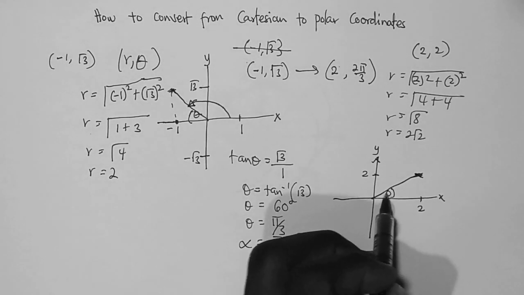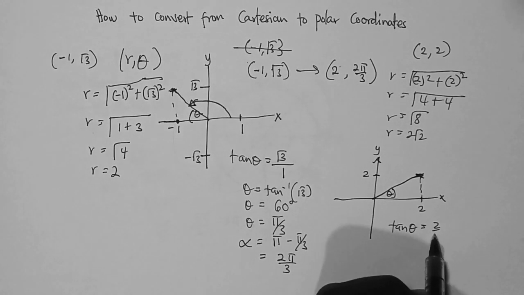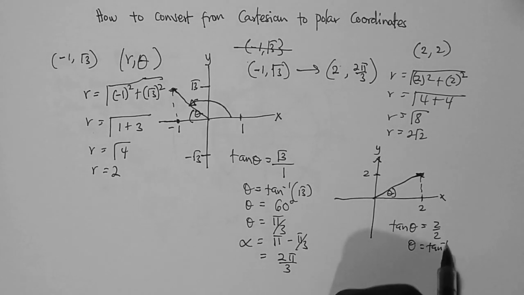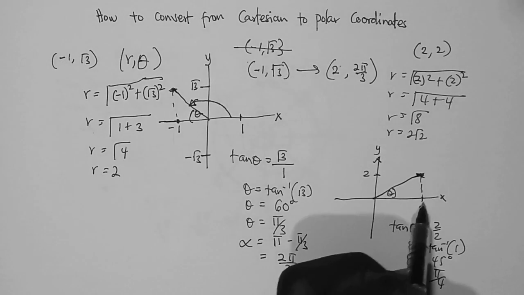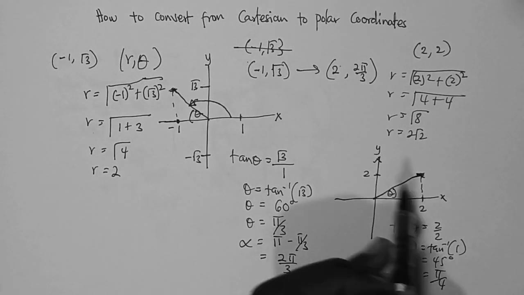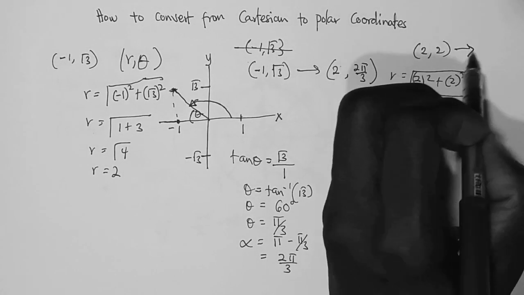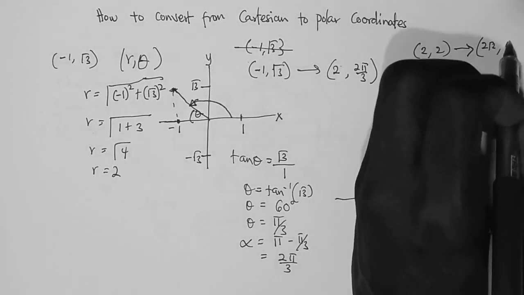So the angle is here, theta. So tan theta is equal to 2 over 2. And therefore theta is equal to tan inverse of 1. Therefore theta is equal to 45 degrees. And 45 degrees is the same as pi over 4 radians. So this part is pi over 4. So in terms of polar coordinates, then 2, 2 is given as 2 root 2 and then pi over 4 radians.